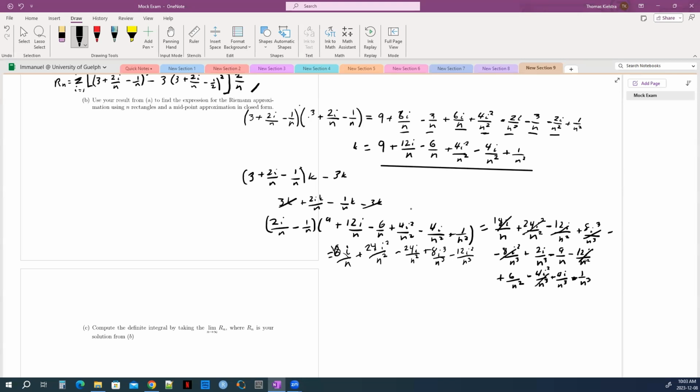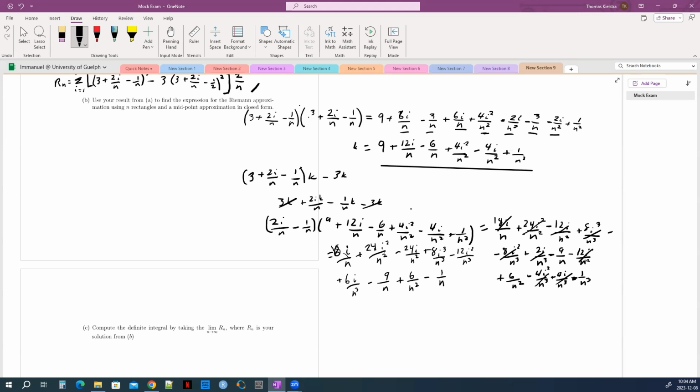And then we have i over n cubed, so we have 2 and 4, which is going to be plus 6i over n cubed here. And we're left with minus 9 over n plus 6 over n squared minus 1 over n.